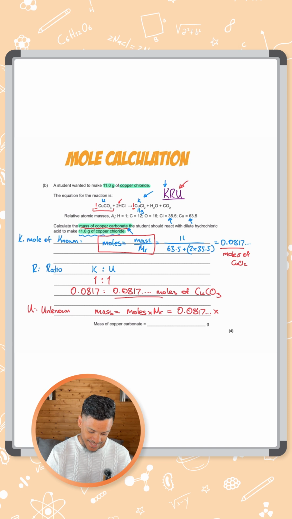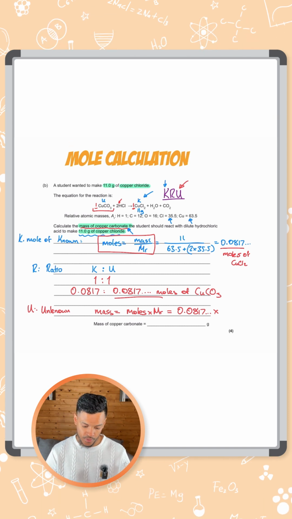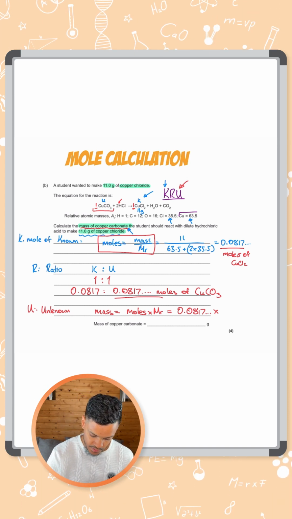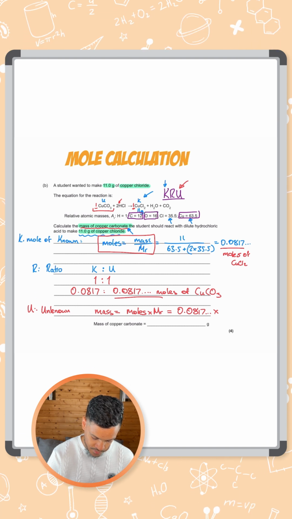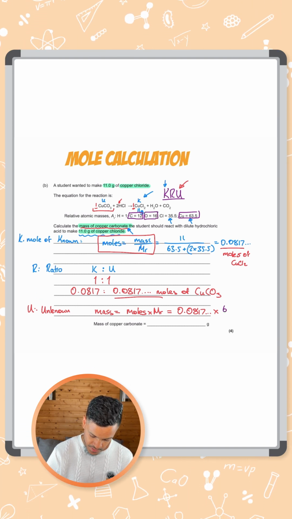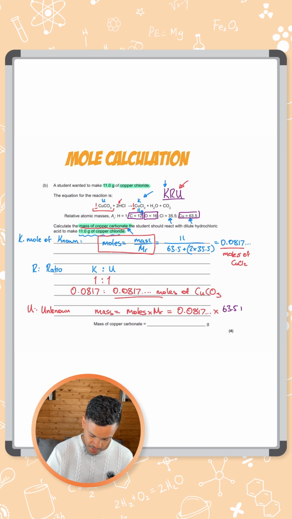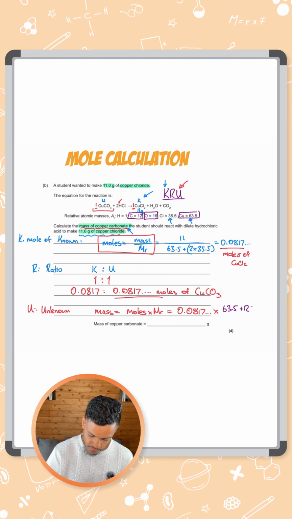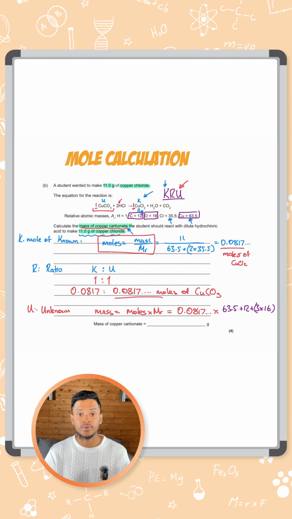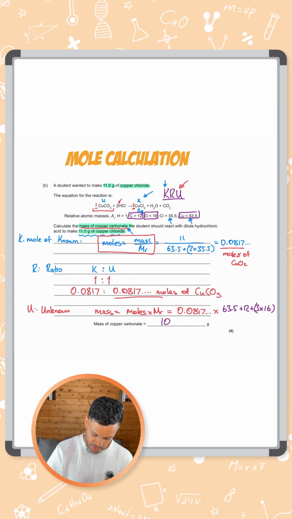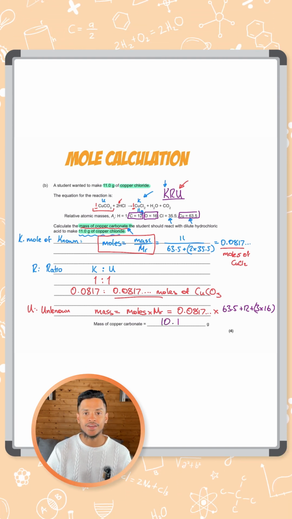So that is CuCO₃. So we're going to use this number here, Cu, C, and then 3 O's. So the Mr of this is going to be 63.5 plus 12 plus 3 lots of 16. Now put that all into your calculator and you should get an answer of 10.1 grams.